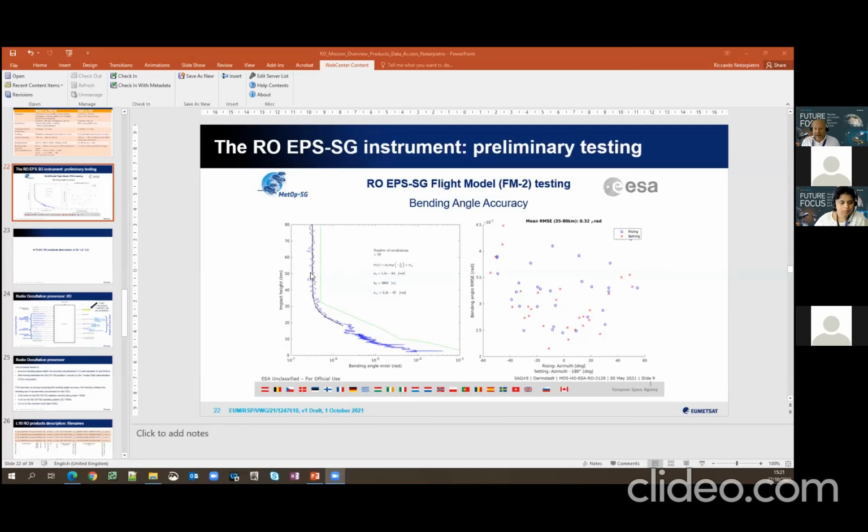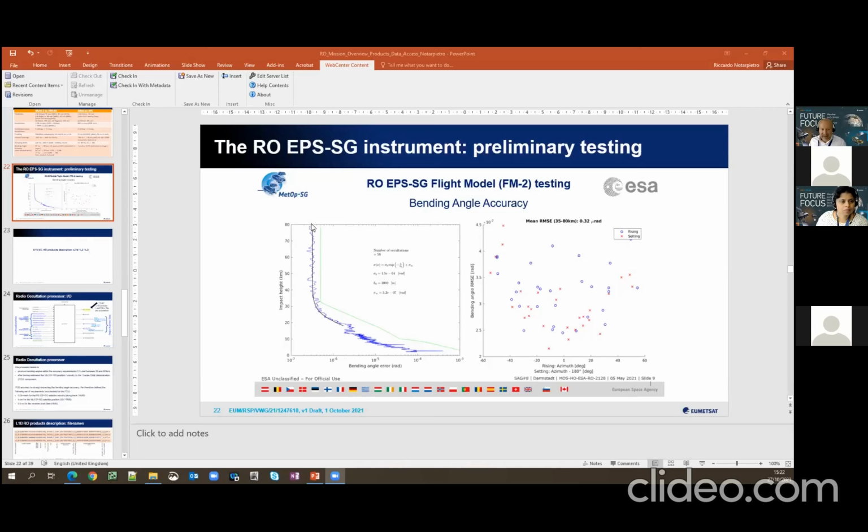But the way that the occultation signal is simulated is by going through a wave optic propagator which assumes spherical symmetry. This wave optic propagator generates the signal that is expected in the LEO orbit up to 500 kilometers.